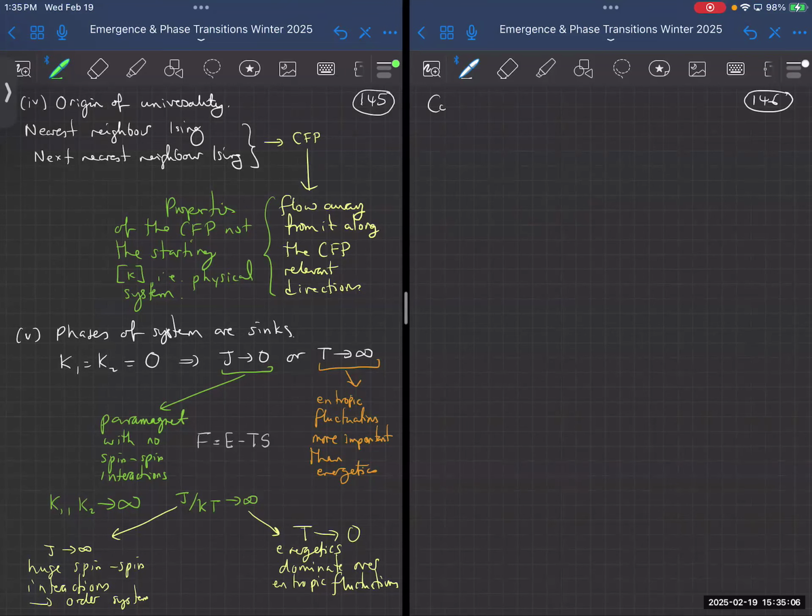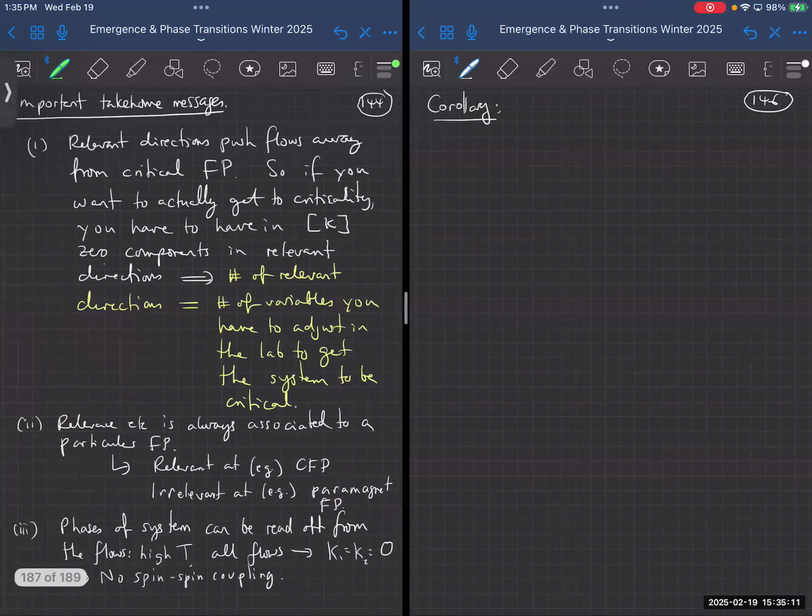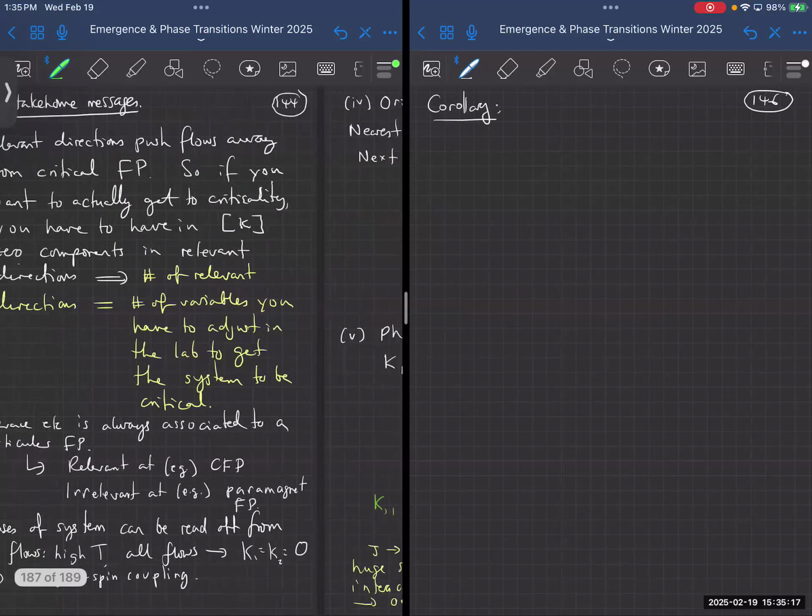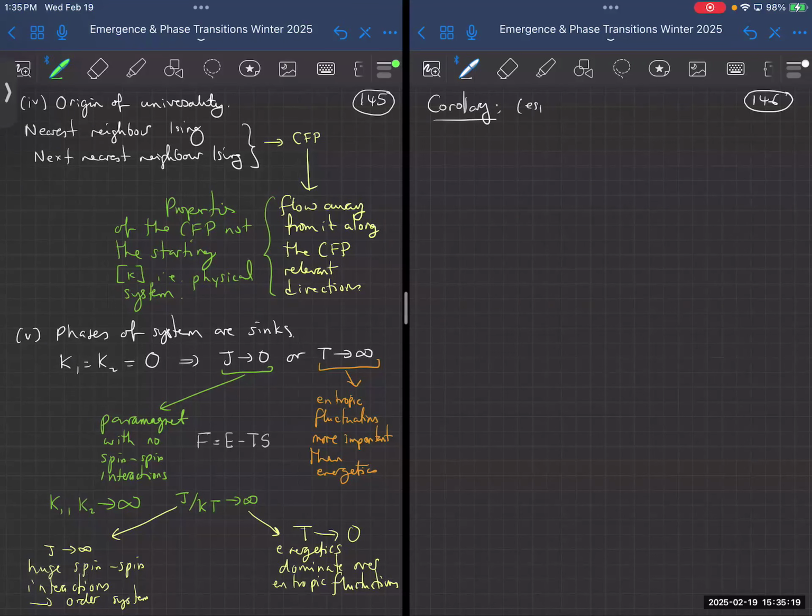A corollary of all of this, particularly of point number 1, is that when I have these y's, there should be one y variable associated with, say, little t, and one associated with the external magnetic field H. We can call these y sub t and y sub H. Those are the two variables that you have to tune to be at a critical point.